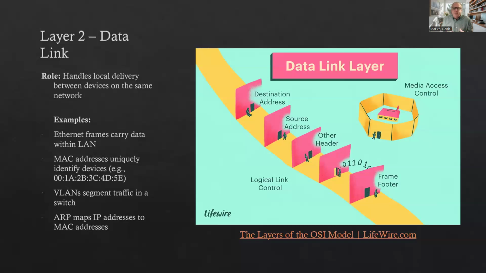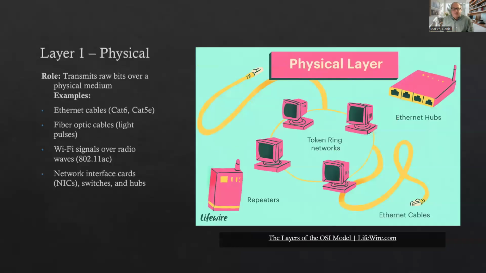ARP maps Internet Protocol addresses to their corresponding MAC addresses. So to wrap this one up, the data link layer ensures that data is accurately delivered to the correct devices within the local network. How does it do that? By mapping IPs to MAC addresses in the ARP tables.